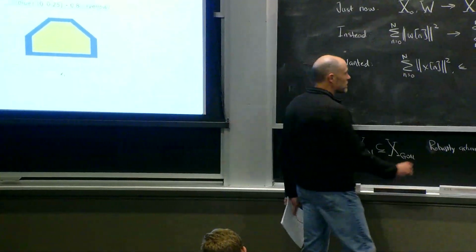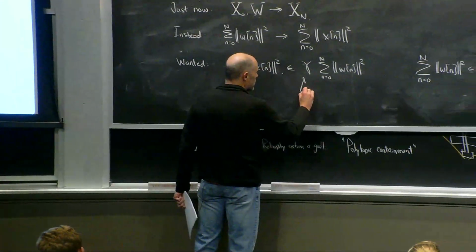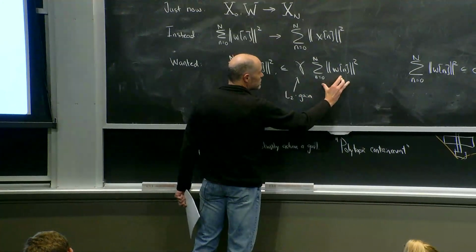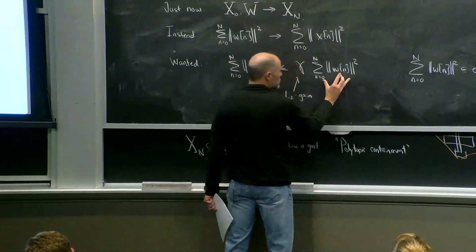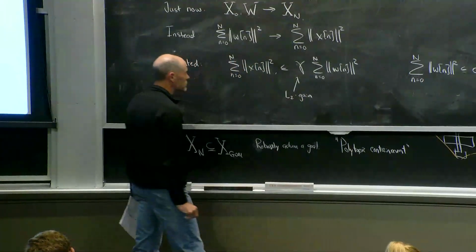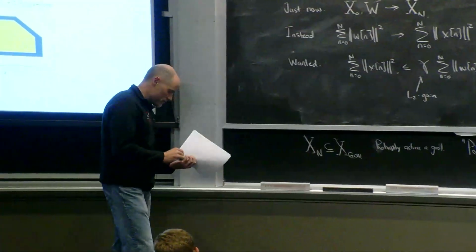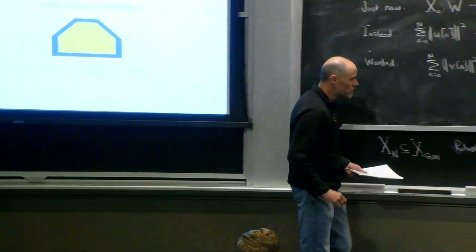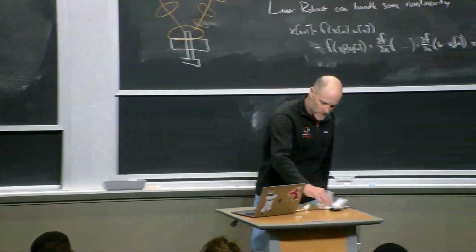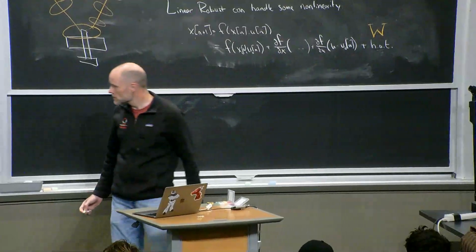And this thing here, we're going to call an L2 gain. These are signals, and if they're finite here, these signals are in L2, and this is an L2 gain. So it's just a different way to specify a robustness criteria.